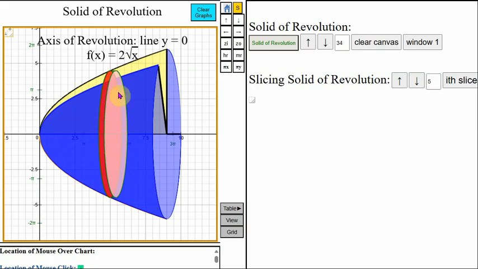This is one of the discs or one of the slices, so let's call this the ith slice or the ith disc, and let's find the volume of this ith disc.